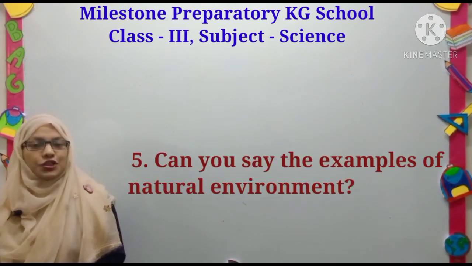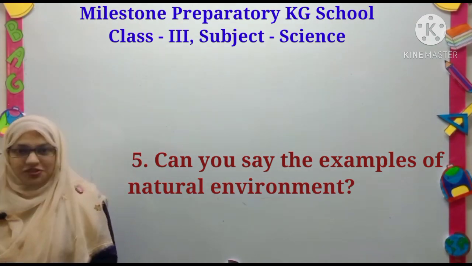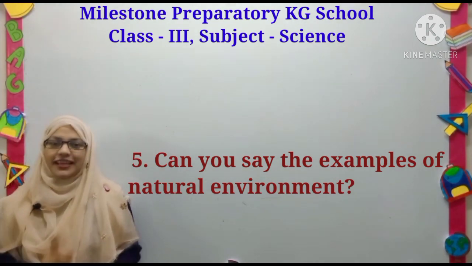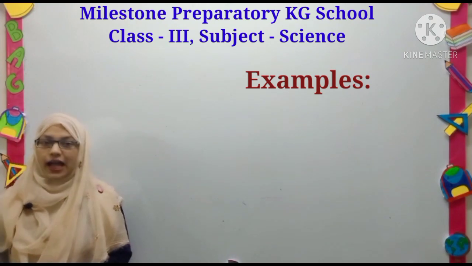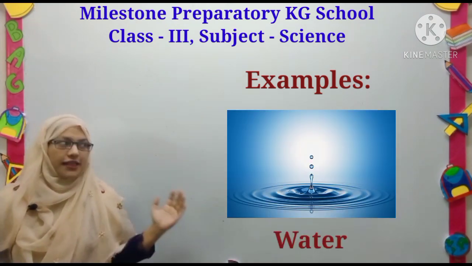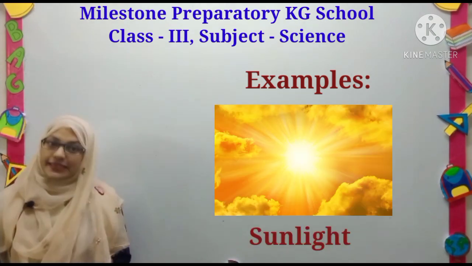Now, question number 5. Can you say the examples of natural environment? Yes, you are right. The examples of natural environment are water, trees, air, sunlight, etc. Now my last question.